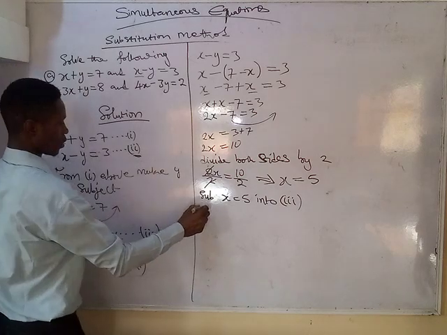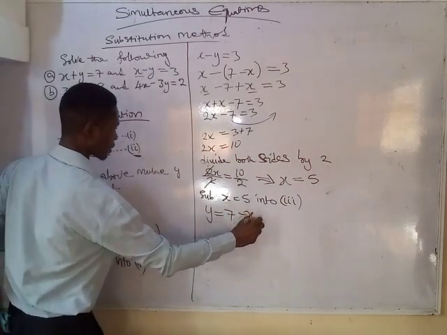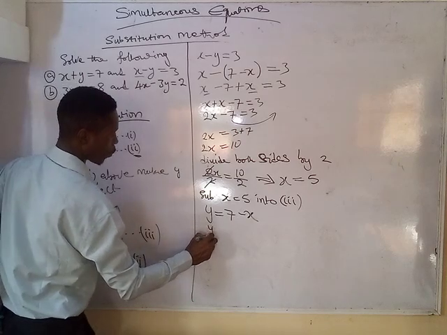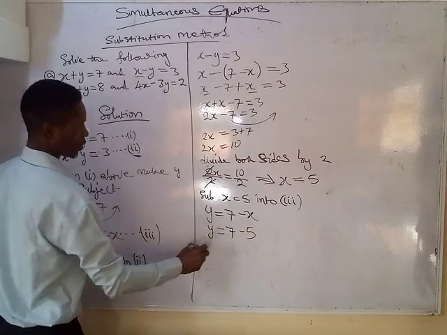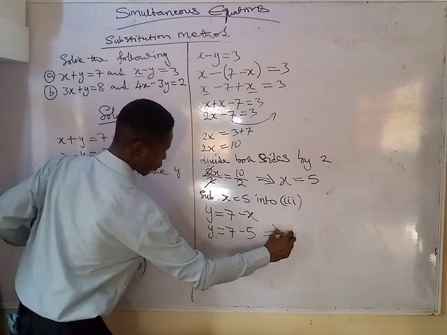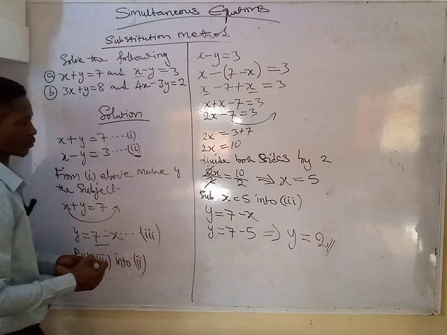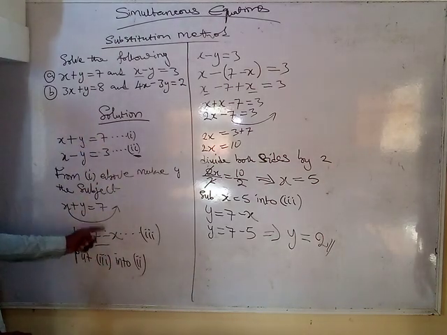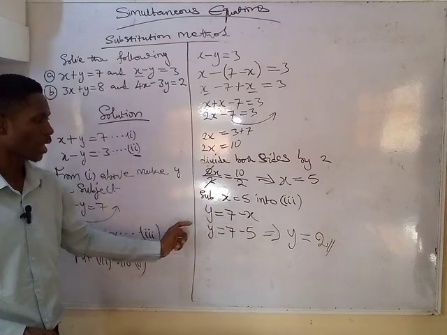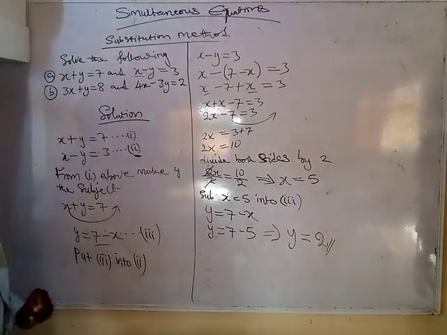So this is y equals 7 minus x. Now becomes y equals 7 minus 5, which implies that y is equal to 2. So for this equation, x is 5 and y is 2.